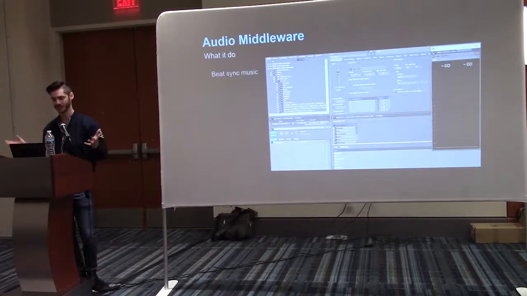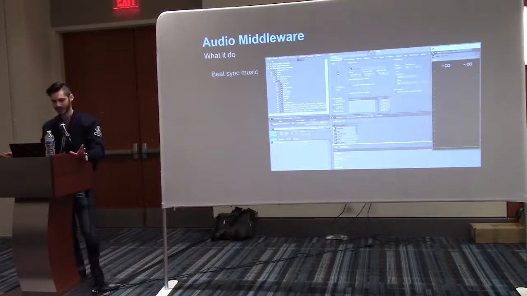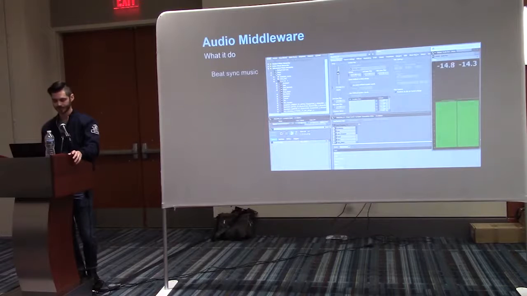Music is also something that can be handled in the middleware. This example is beat synced music, but a lot of things apply to music as well as sound effects. This is a special case that just applies to music. I'll show this example. Here it's playing the beginning, and the game would tell it, hey, go to the next step.